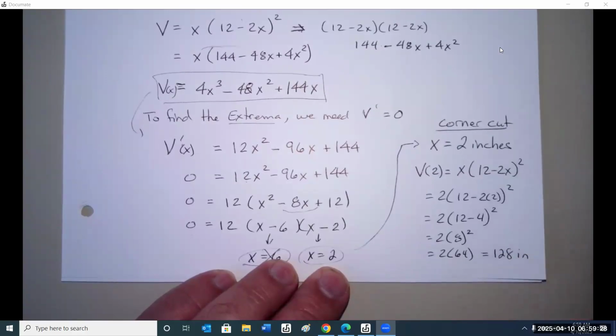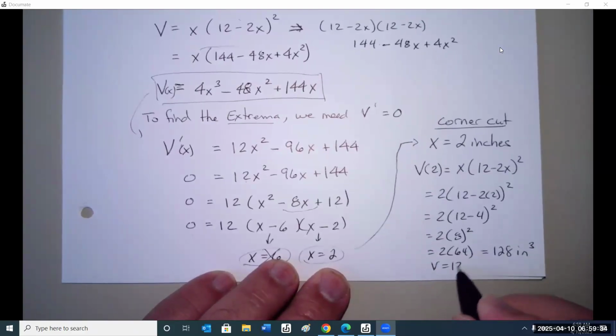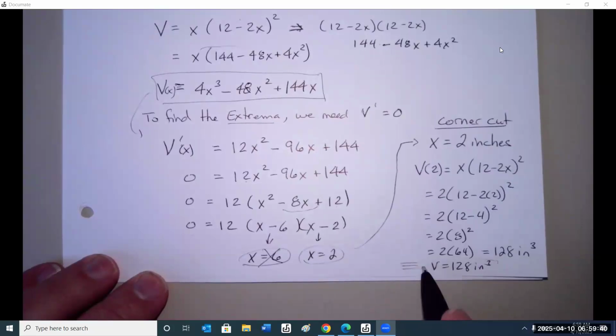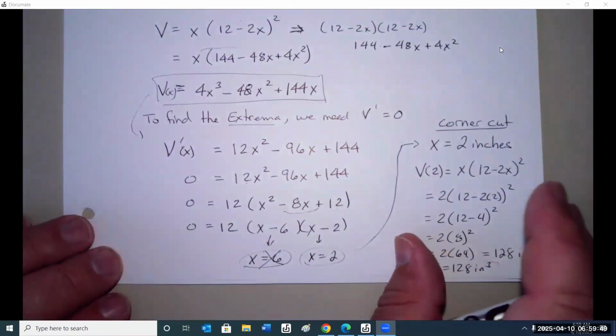So it's 128 cubic inches is our volume. That's our answer. All right, so that's how we do it. We drew a picture, we explained what we had and what we're looking for. All right, let's look at the next one.